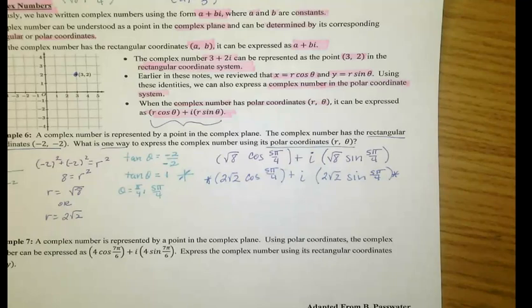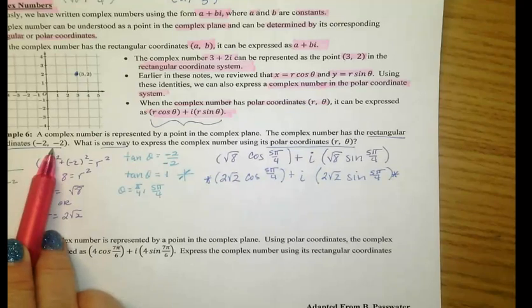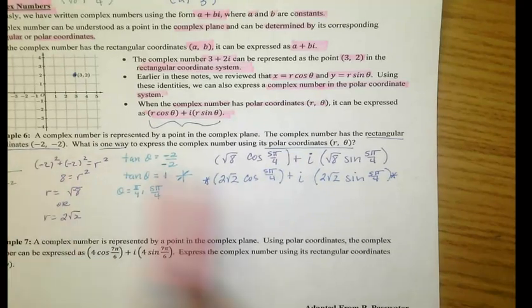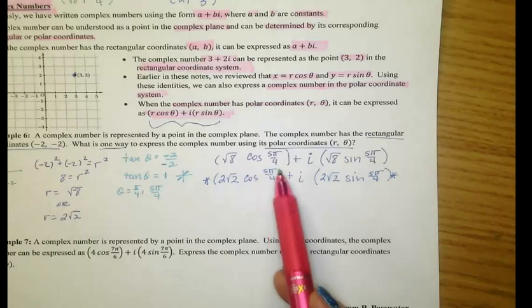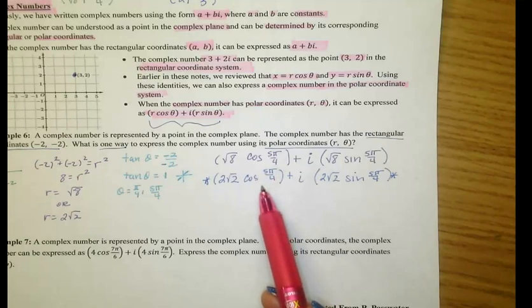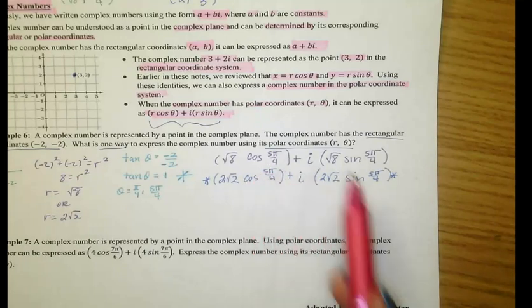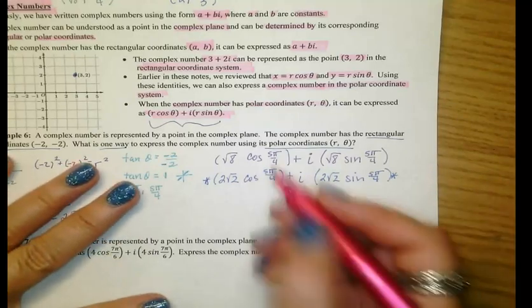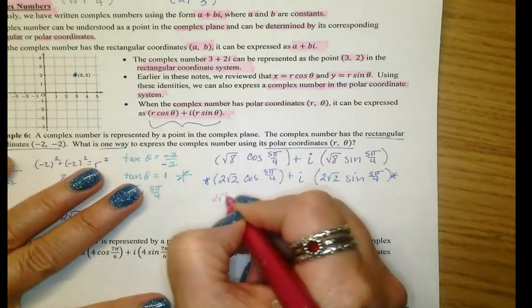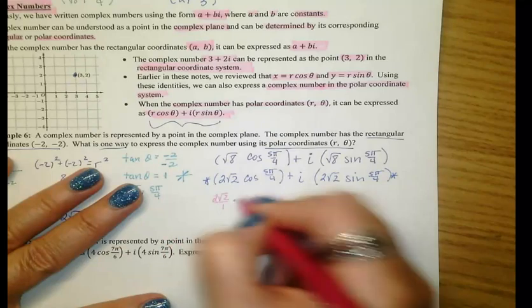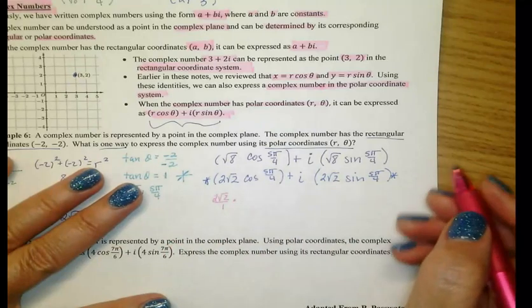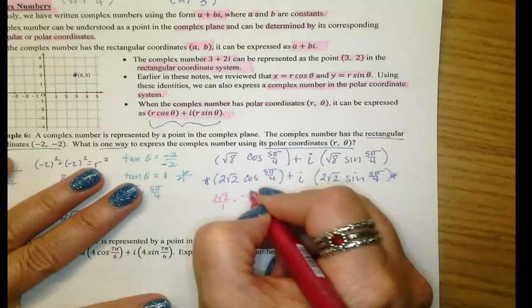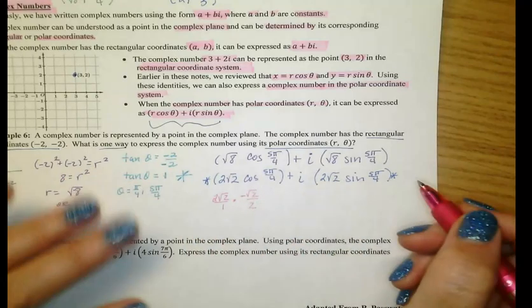All right, so now let's just prove that all of this right here is in fact 2, negative 2, negative 2. And so we do that by looking at the fact that this 5 pi over 4 is a unit circle value. And so I can evaluate this and get a numerical value. So I'm going to say 2 root 2 over 1 times, and the cosine of negative 5 pi over 4 is negative root 2 over 2.